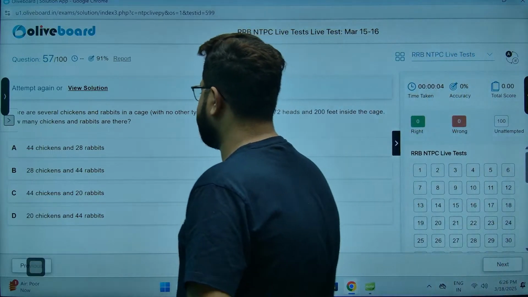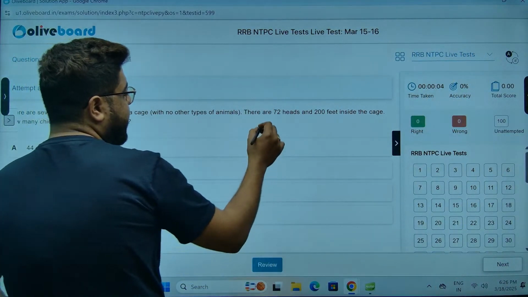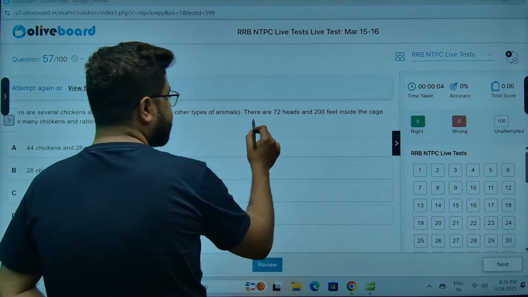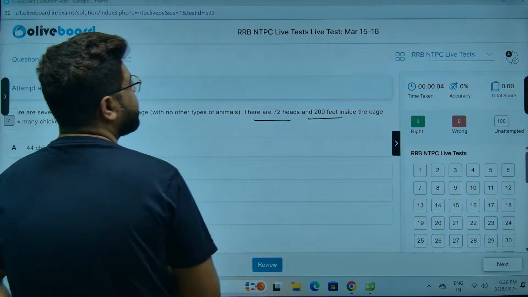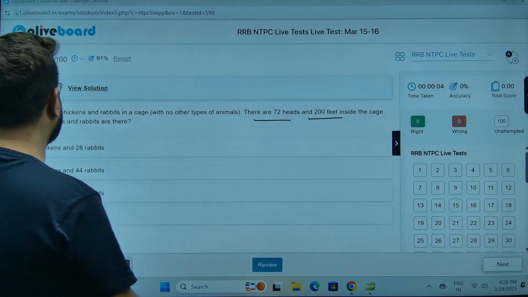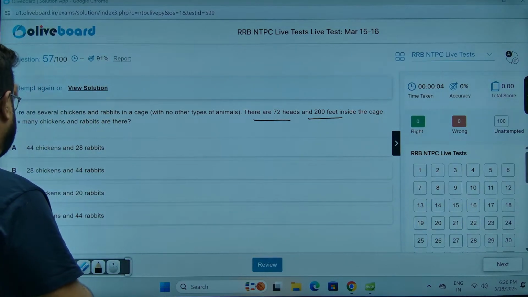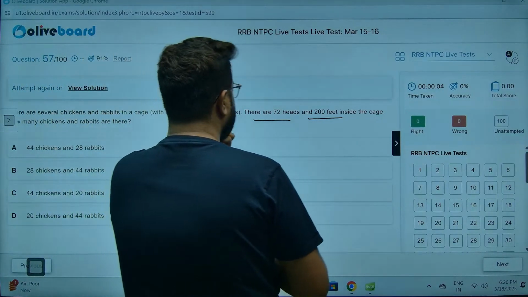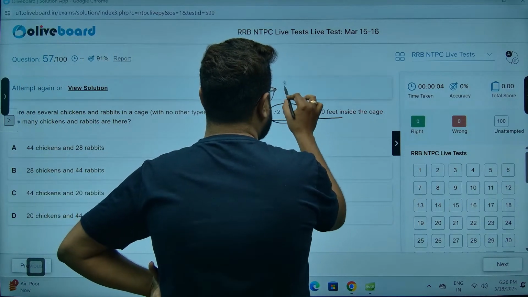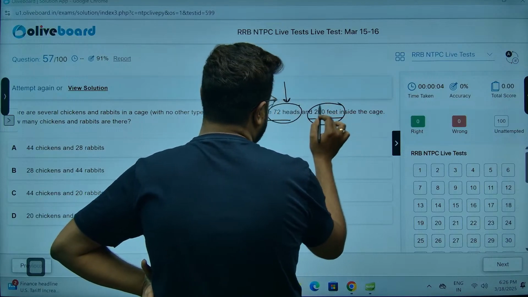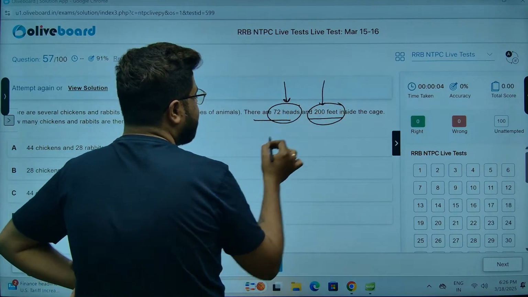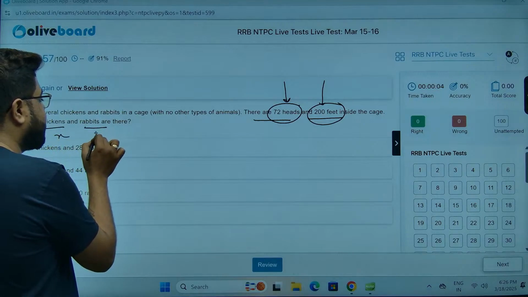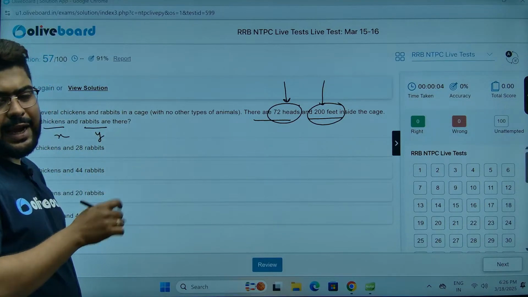Acha. Chickens and rabbits, 72 heads, 200 feet. How many chickens and rabbits are there? 72 heads means total 72 animals are there, with 200 feet. So again, this is a linear equation question. I'm saying X number of chickens, Y number of rabbits. Again, you can do it using alligation as well.